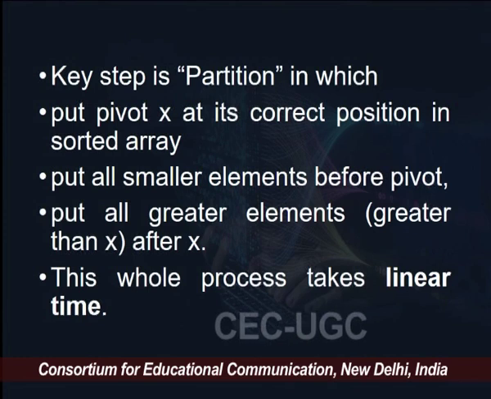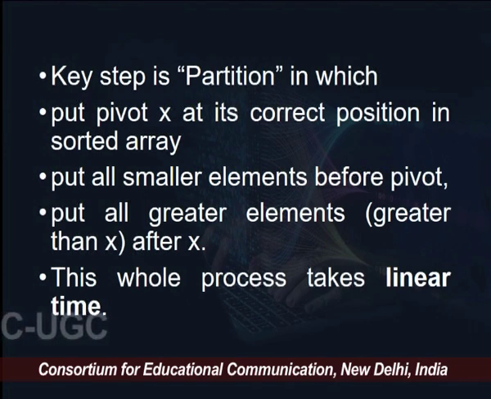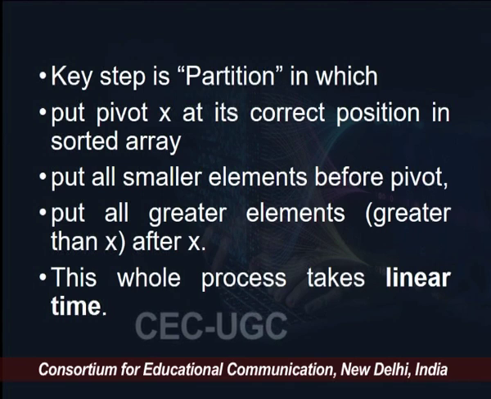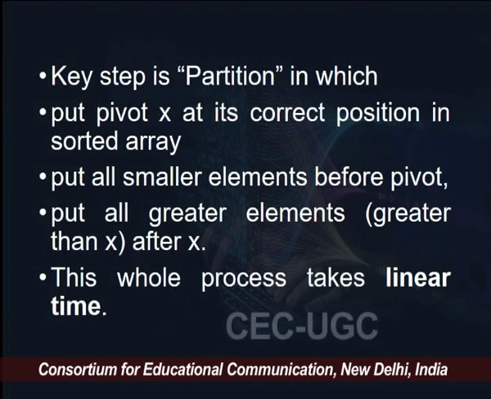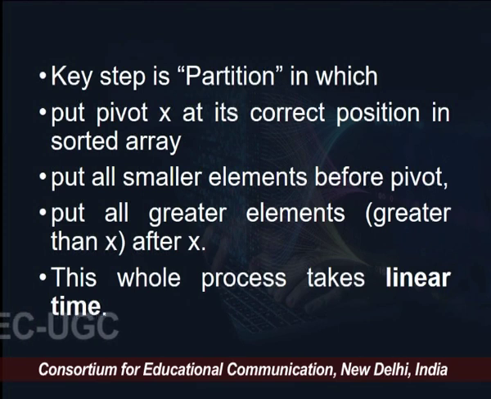When we look into the various steps of quicksort, the major key step is the function partition. The task of this function is to put the pivot at its correct position in the array, put all the smaller elements before the pivot, on its left side, and put all the elements greater than the pivot after it.